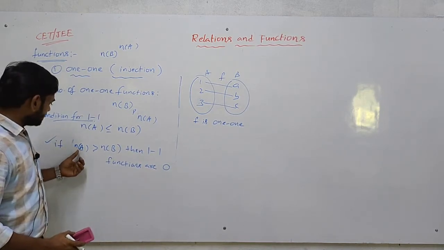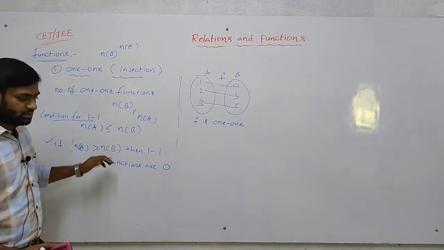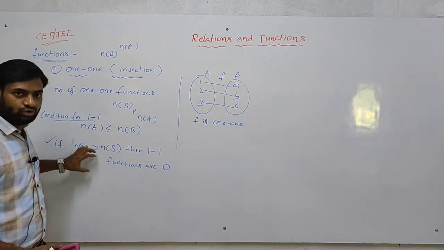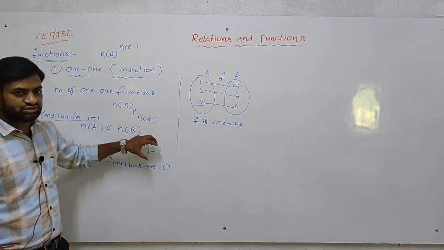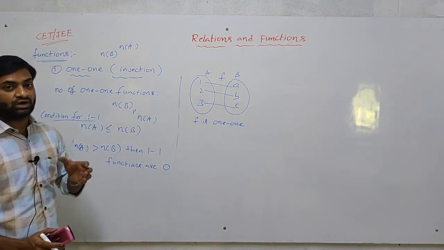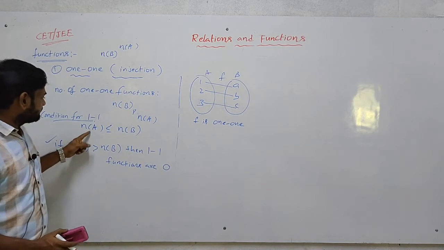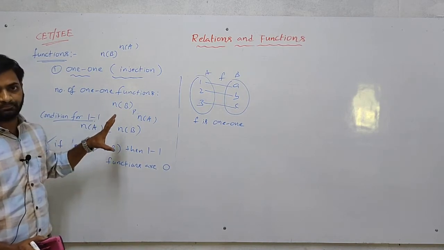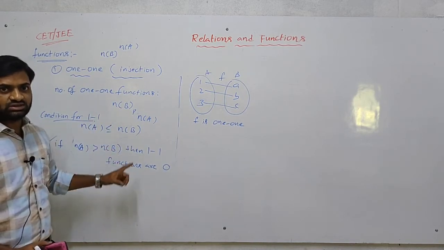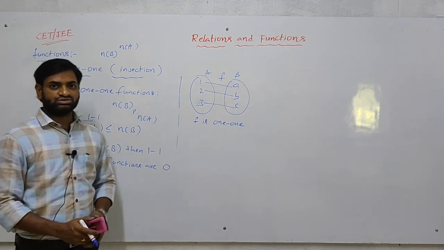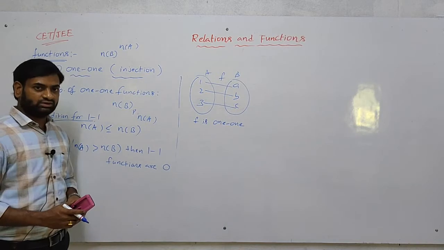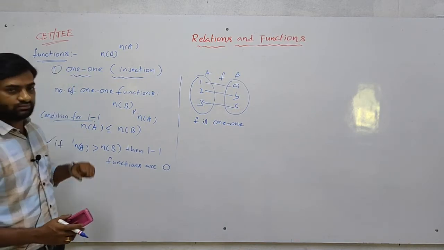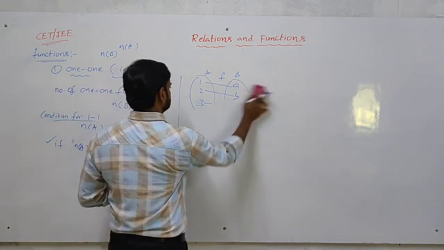When n of A is greater than n of B, then 1-1 functions are 0. Because our condition is n of A less than or equal to n of B, compulsory. If it fails, the number of 1-1 functions is 0. That is about 1-1 functions, which are injections, or injective.